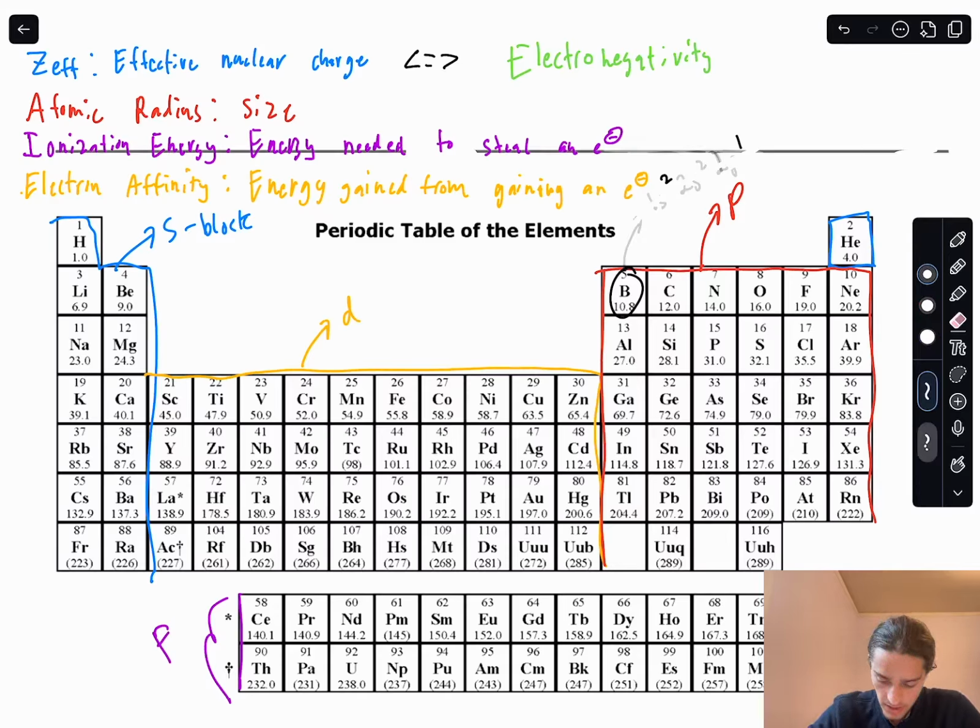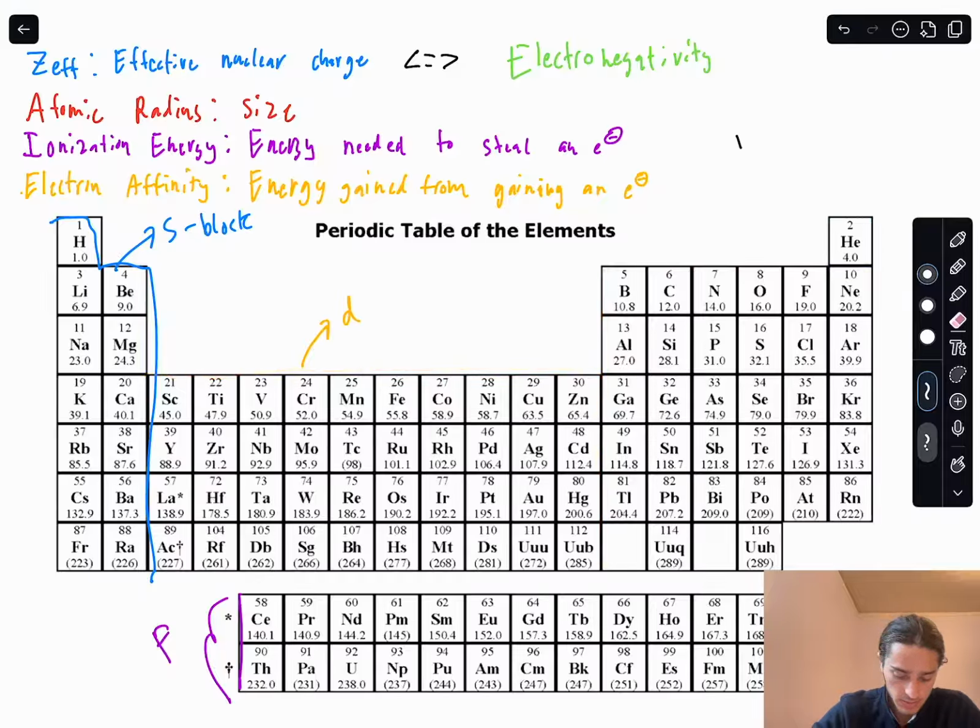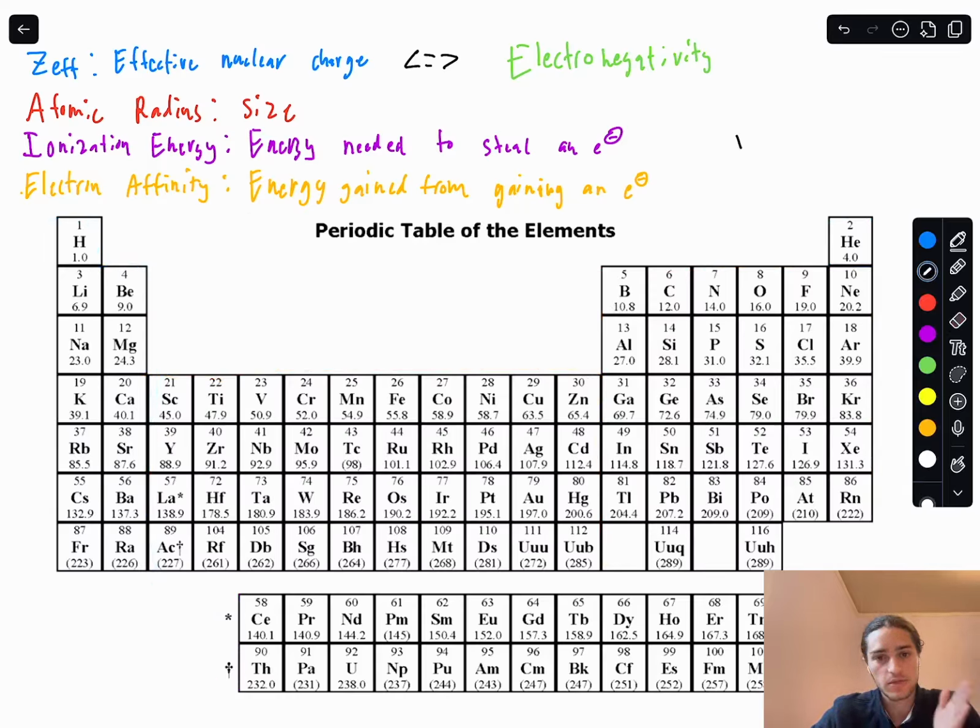The other thing that I want to mention is that the periodic table is broken into groups. Groups are exactly the same thing as a column. So every single column is a group. It's probably the most important feature of the periodic table, actually, because I really like to think of groups as elemental families.